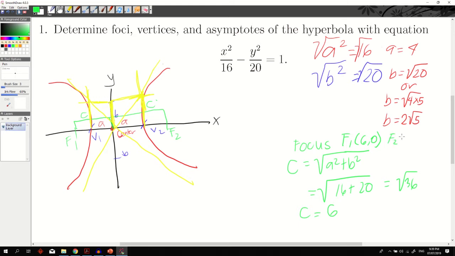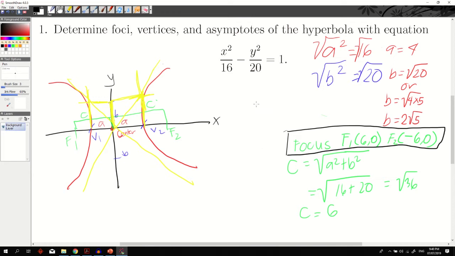And our focus 2, from the center to the left side, should be minus 6, 0. So that's it, we will box that one. This is our foci.